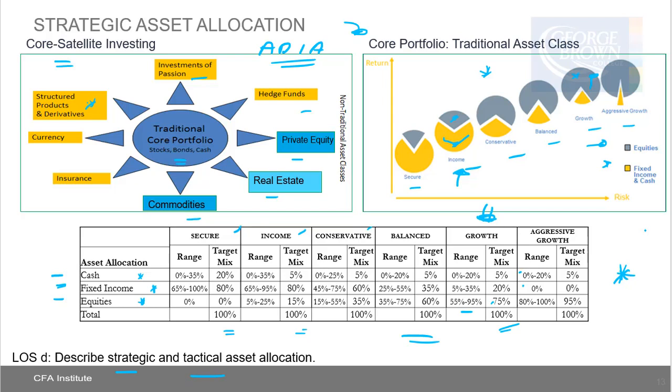Academic studies have demonstrated that the strategic asset allocation significantly affects the average returns on the portfolio. So it's not the individual investments within the stocks or the individual bonds, it's the asset class, okay? It's the strategic asset allocation that is driving the average return on the portfolio. Thus, asset allocation warrants considerable attention from investors, investment managers, and investment advisors.